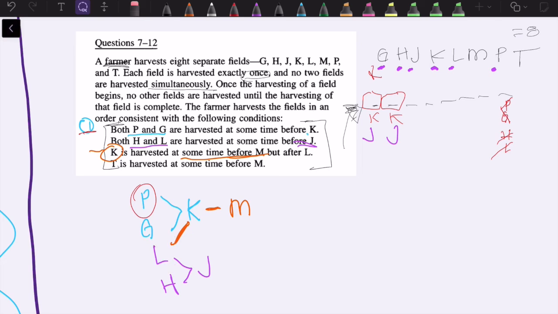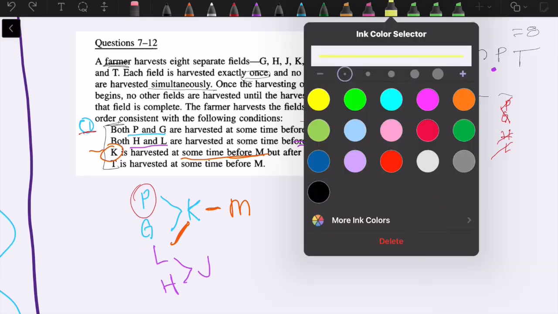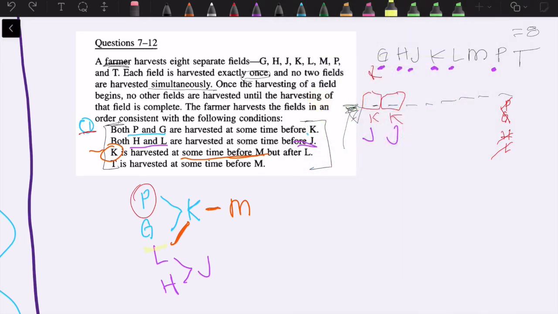And so what I just did there is, now let's talk about this L for a minute. We threw in this new rule that L has to be before K, right? Or K has to be after L. So what did that change for L? What do we know about L?